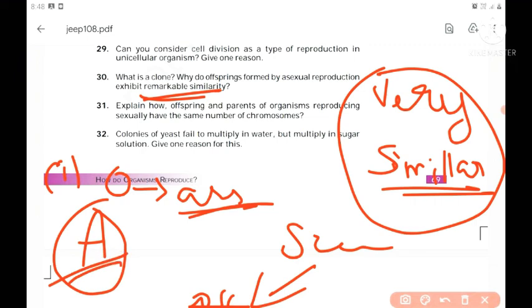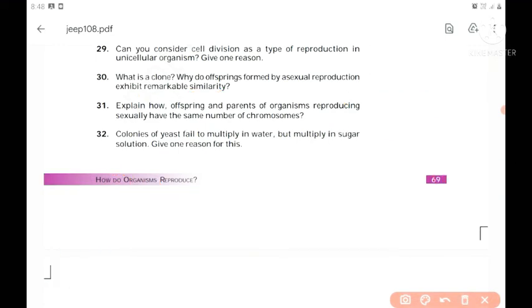So, clones are the aggregate of cells or organisms which are produced asexually. Asexual reproduction involves only one parent, and therefore there are not many variations. So we are clear with this also.